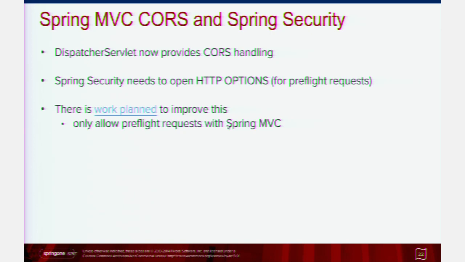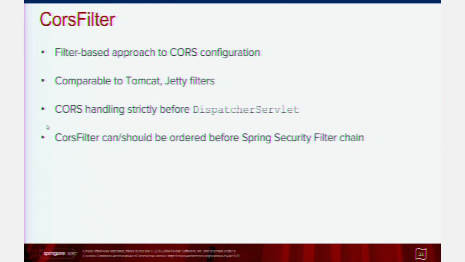But there is a Jira ticket, and that's a link, for improving this so that Spring Security will specifically provide an option to enable pre-flight requests when it's being used in combination with Spring MVC. So that's a little bit more targeted and focused on doing exactly what needs to be done. There's also a CORS filter.